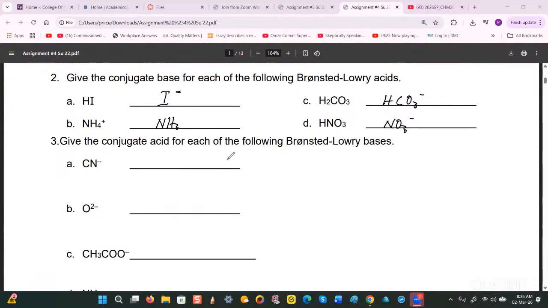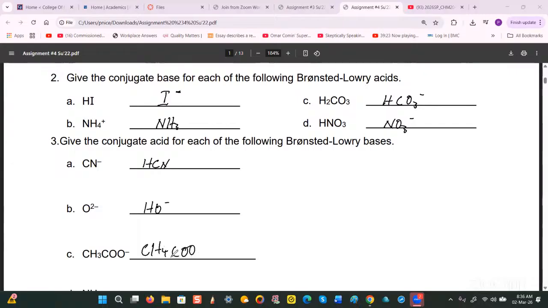And then in the case of number 3, they're asking for the conjugate acid of each of these. So let's start off with A. What's the conjugate acid? HCN. Okay, what's the conjugate acid in this case? HO minus. What's the conjugate acid in this case? Well, that's one way of doing it. In fact, let me just leave it like that.